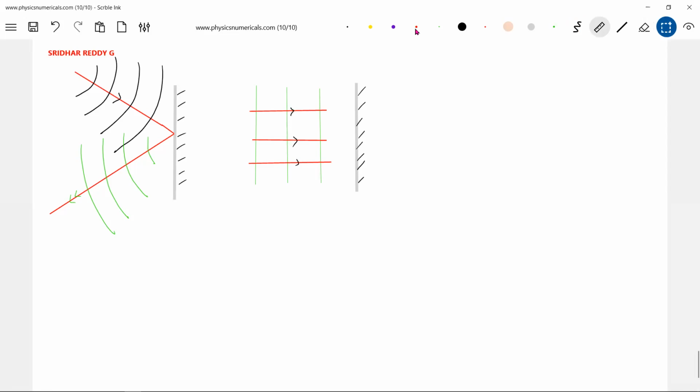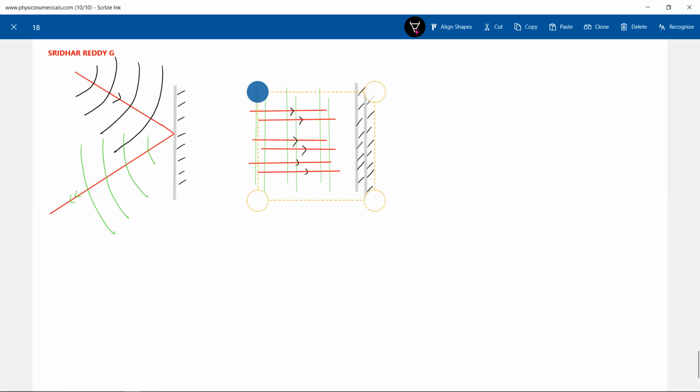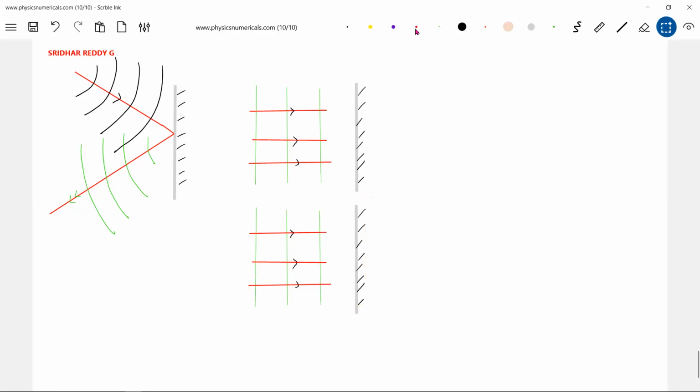After reflection, what will happen to the wave? It will be reflected as a plane wavefront. This is the incident wave, and this is the reflected wave.